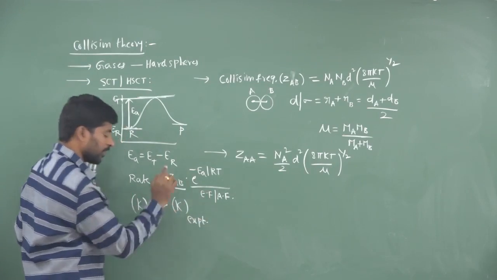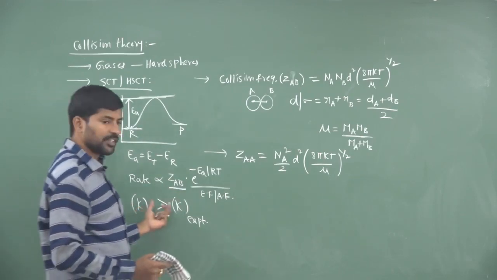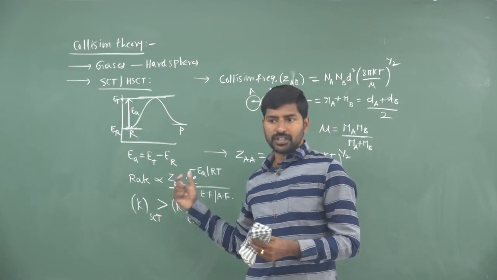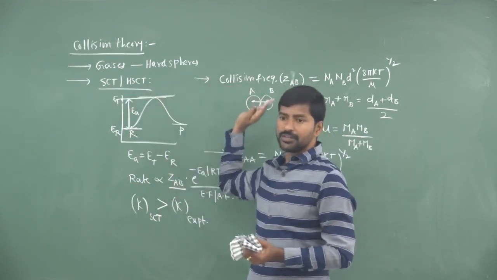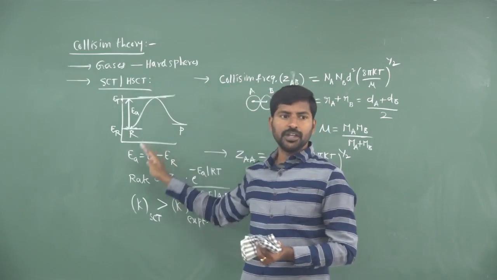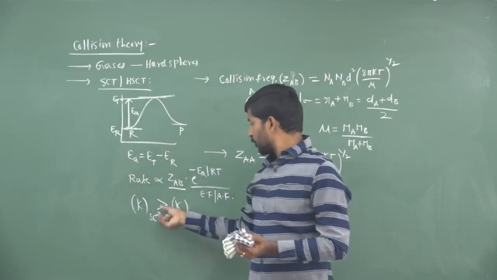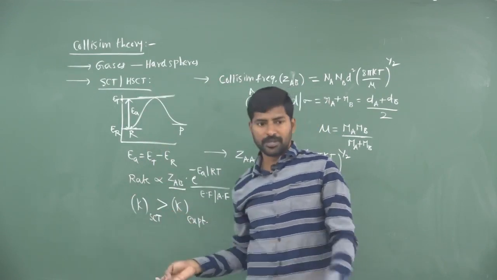It is observed that they are more than experimental values. This indicates that there may be one more condition to be satisfied for the reaction to occur. Simple collision theory considered two conditions: they have to participate in collisions, and they have to overcome the energy barrier.